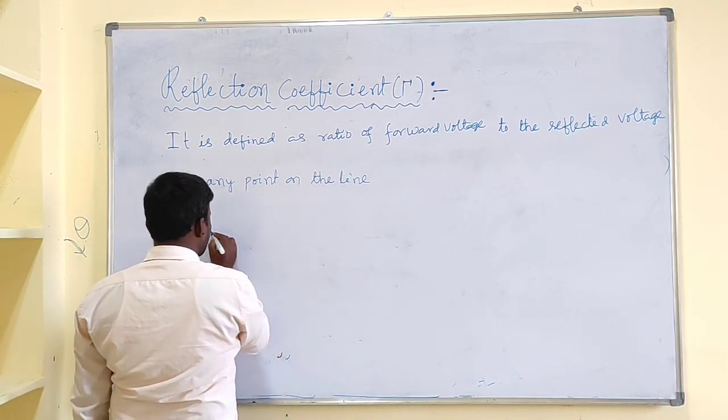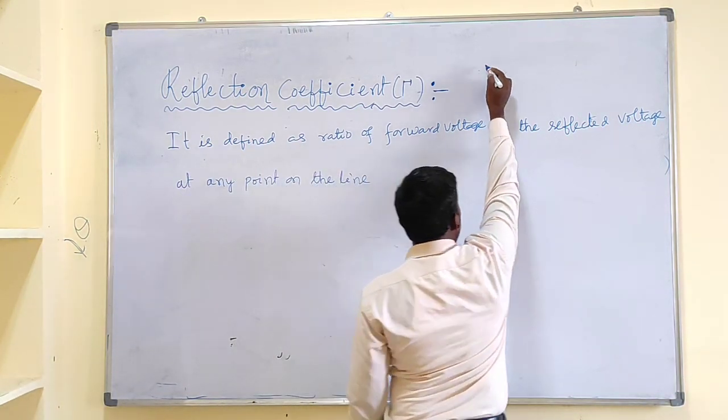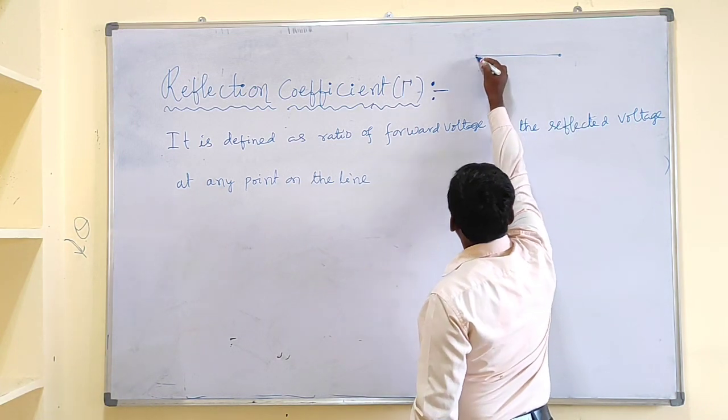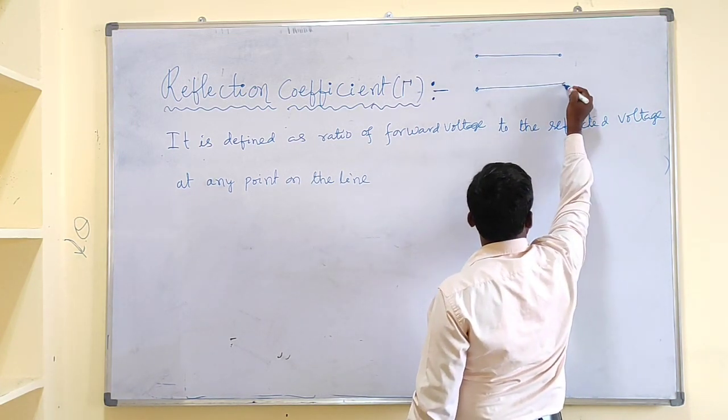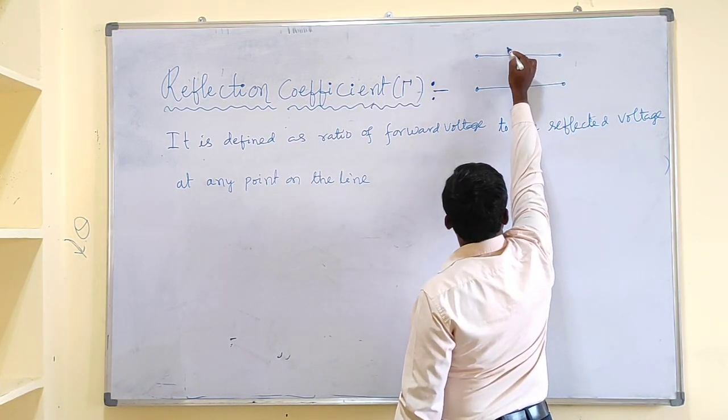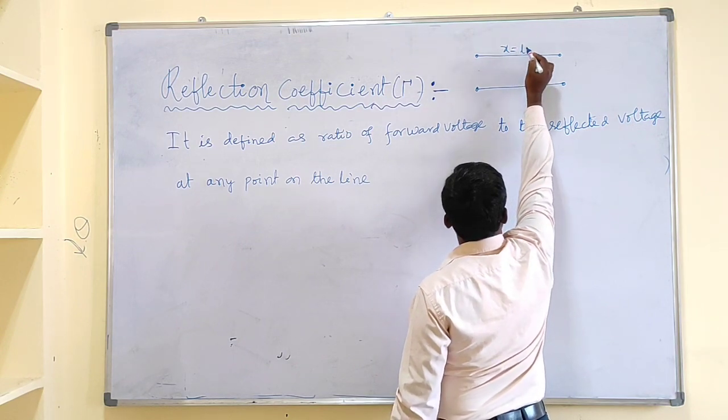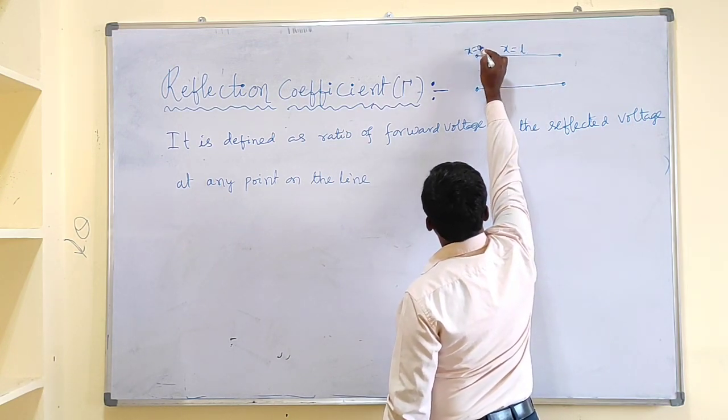Let us consider a transmission line of length L. Here x is the variable. At the source end or input end, x equals 0.